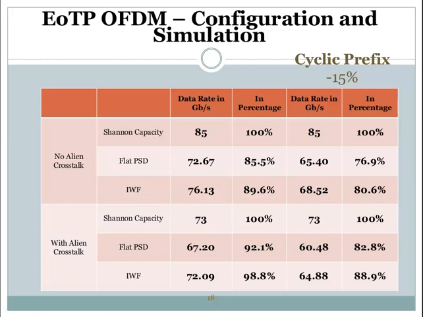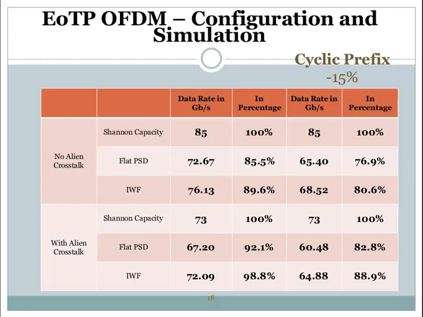The other factor is the cyclic prefix. Cyclic prefix is a common practice to prevent inter-symbol interference in OFDM systems. It occupies a certain amount of the total bandwidth, so it causes some performance loss. Usually, it uses up to 15% of the total bandwidth.